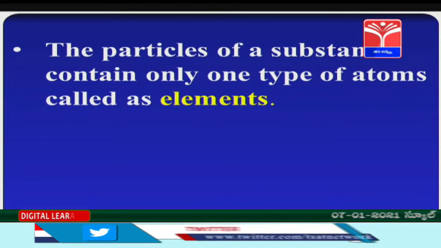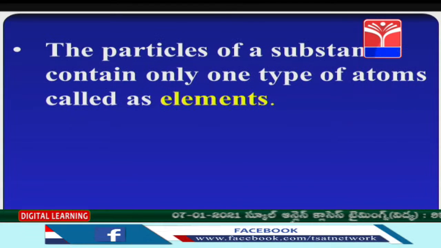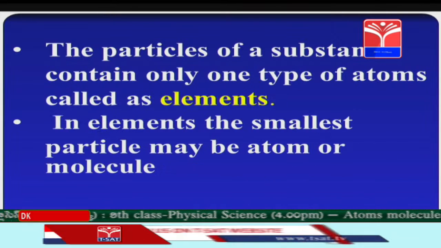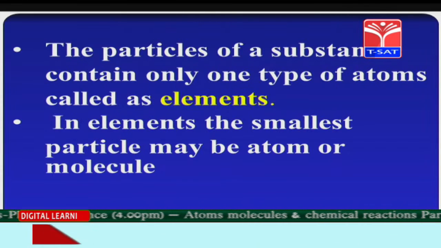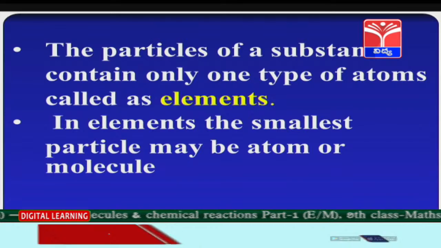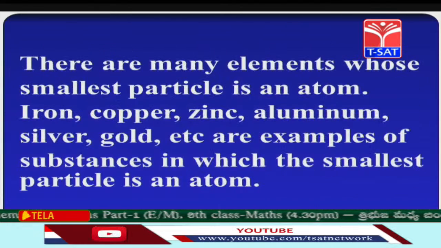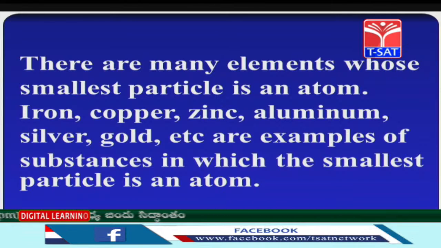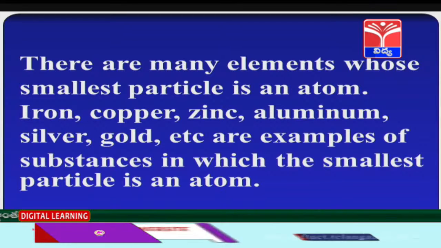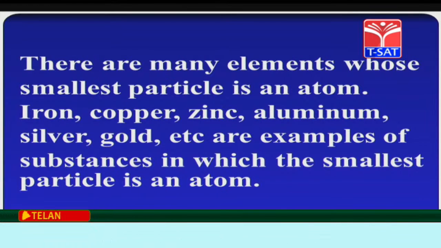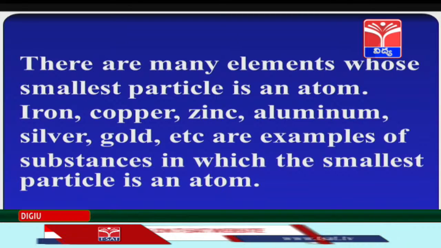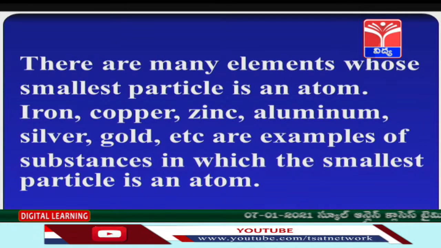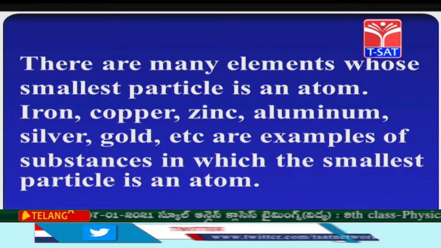Children, when the particles of a substance contain only one type of atom, they form elements. And in elements, the smallest particle can be an atom or a molecule. We will be seeing some examples, children. There are many elements whose smallest particle is an atom, like iron, copper, zinc, aluminium, silver, gold, etc. Here these are metals, they exist in the form of elements and contain only one atom.